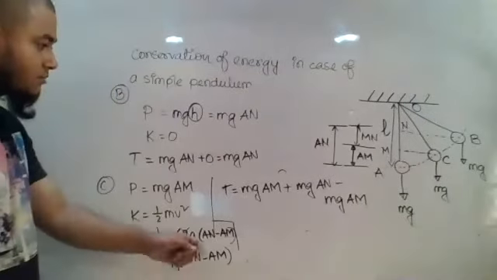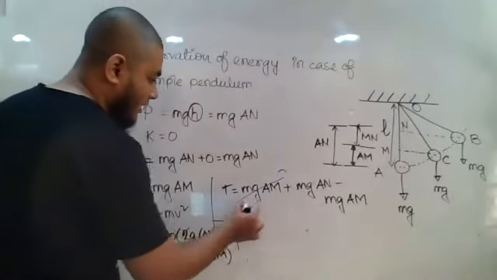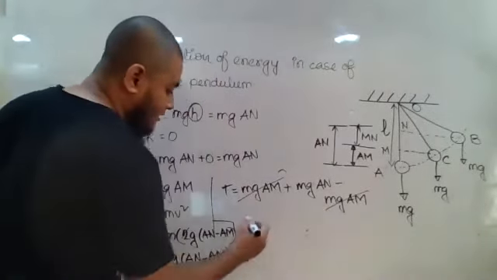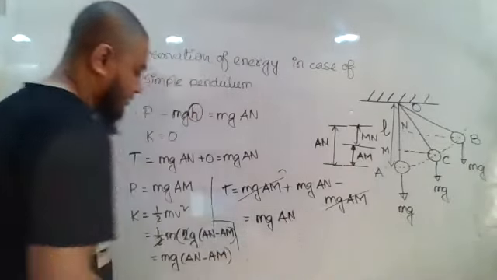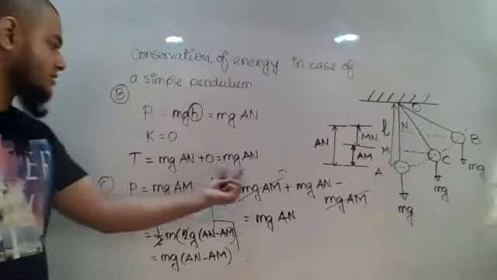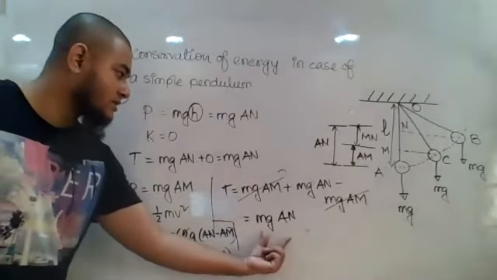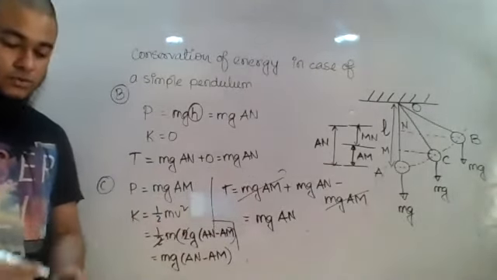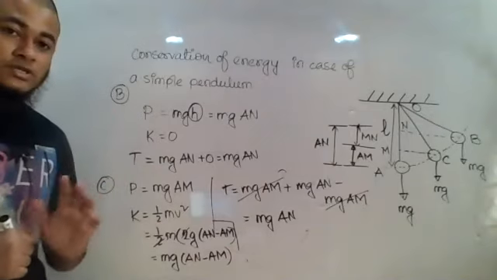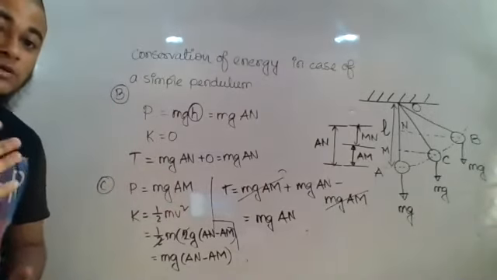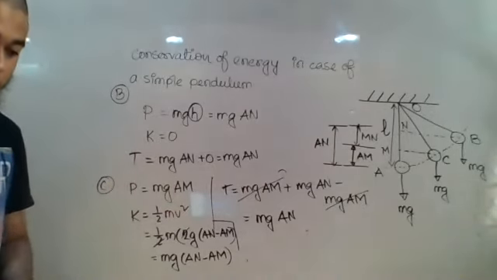If I take out the bracket, you will see that mg AM cancel each other and it will be mg AN only. So we can see that the total energy at point B and point C are equal. So we have proved the law of conservation of energy in simple harmonic motion for a simple pendulum. Do you agree?